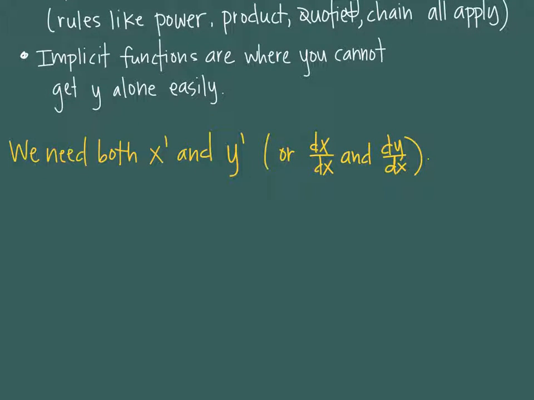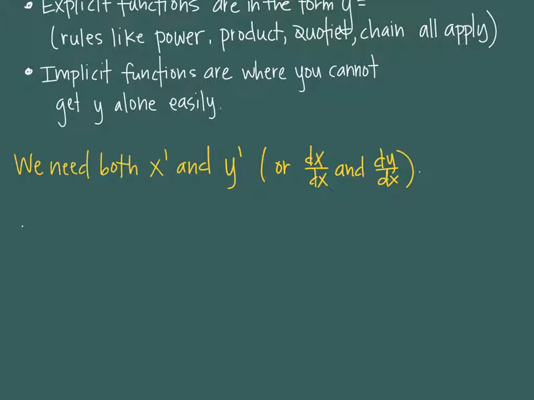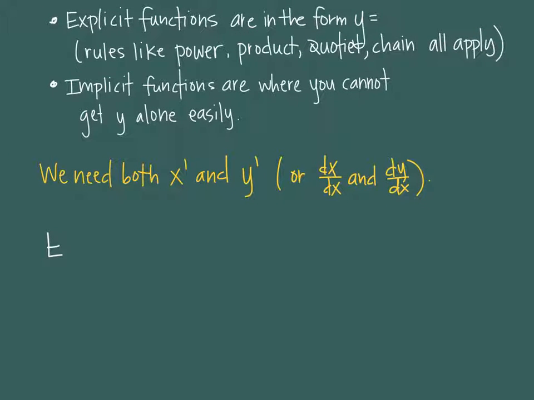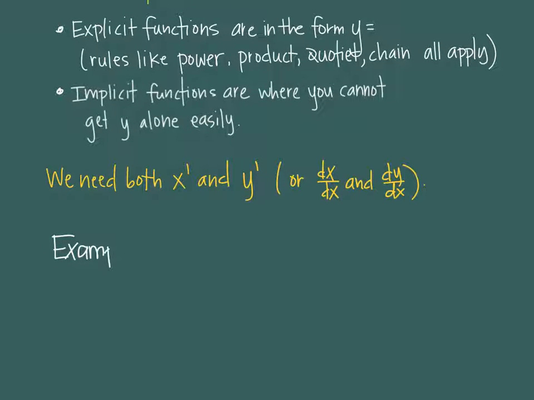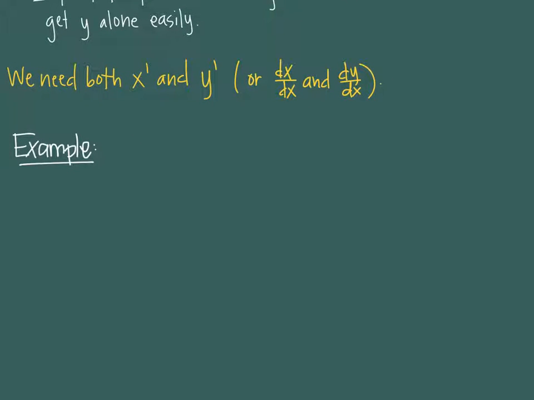So I'm going to show you a real basic introductory example that could be done either way, but my argument is that implicitly will be cleaner. All right, so differentiate the following. 2x cubed minus 3y squared equals 8.